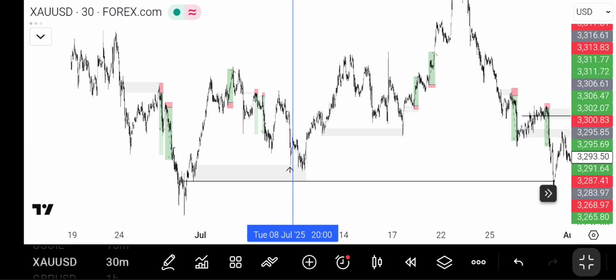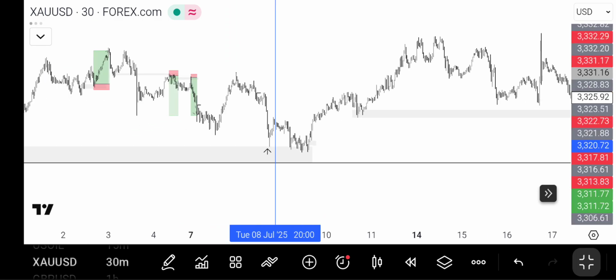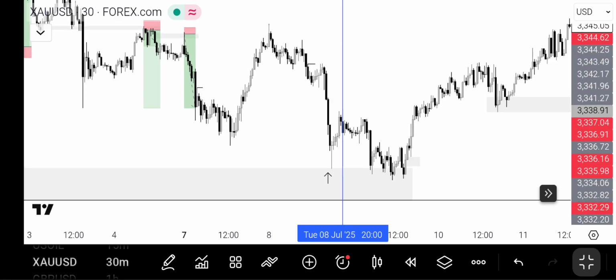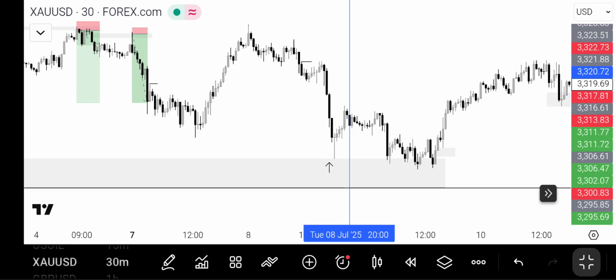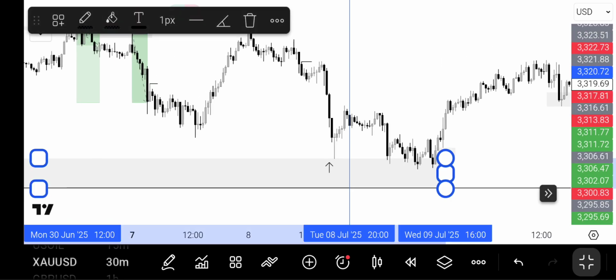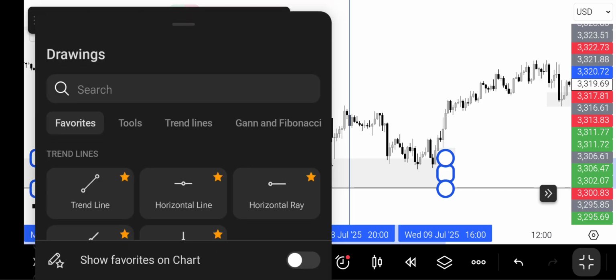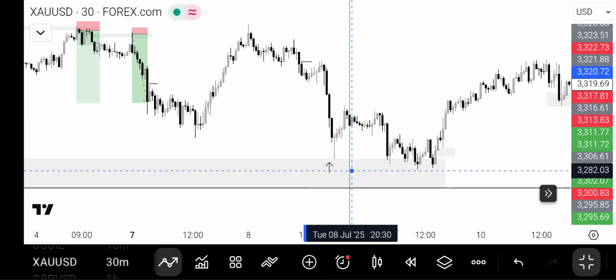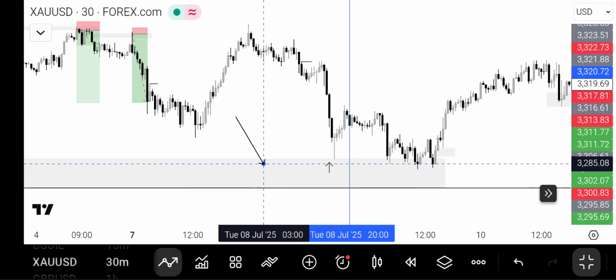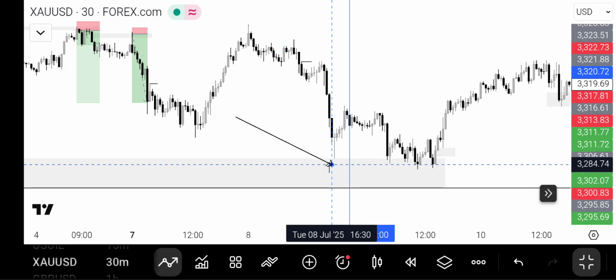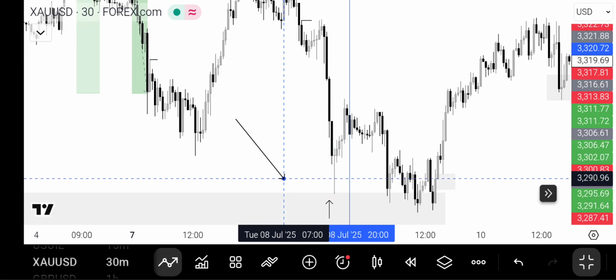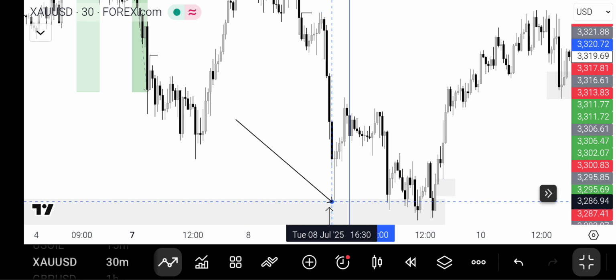Fake out. I'm trying to explain fake outs on gold. Remember, this is our 4 hours bias order block, right? Look at when the market tapped into the other block. It slightly tapped into the other block, as you can see.